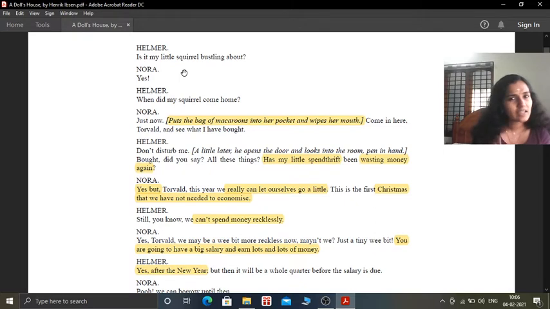So it indicates that their financial condition was not stable until last year. So they couldn't celebrate their Christmas properly last year, and not only last year, but for a few years back.